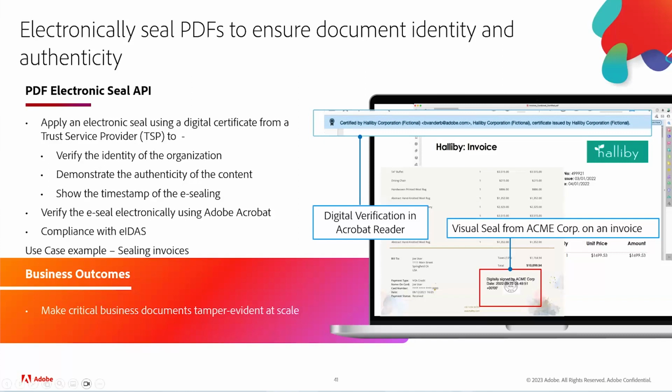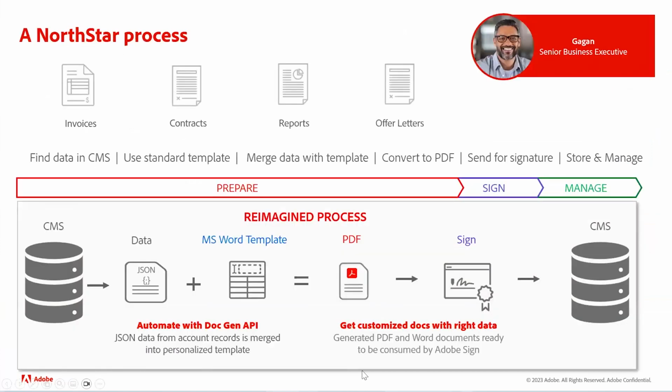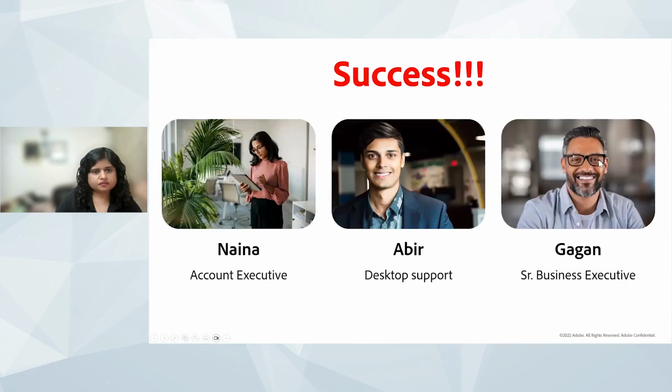So there's a lot that you can do with this set of APIs and achieve the North Star goal that you may have, right? It will also help Naina, Abir, and Gagan, who played different roles in the company.